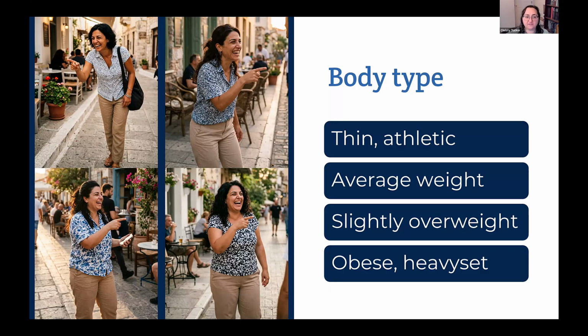This was a set with Nano Banana with Gemini. Another thing I have found that sometimes helps with weight is if you say rounded face. That can also help get past that really skinny, model-thin look.